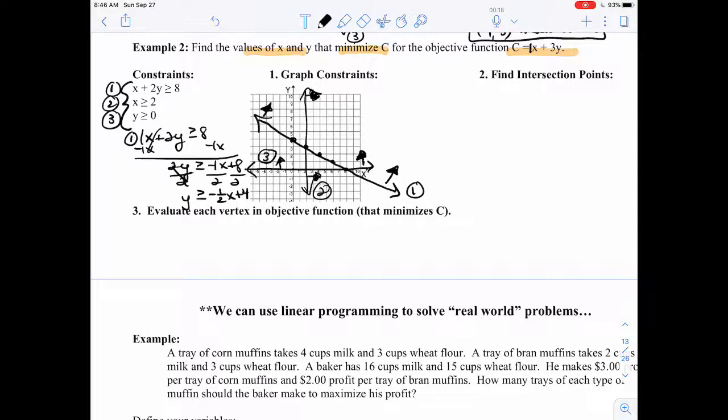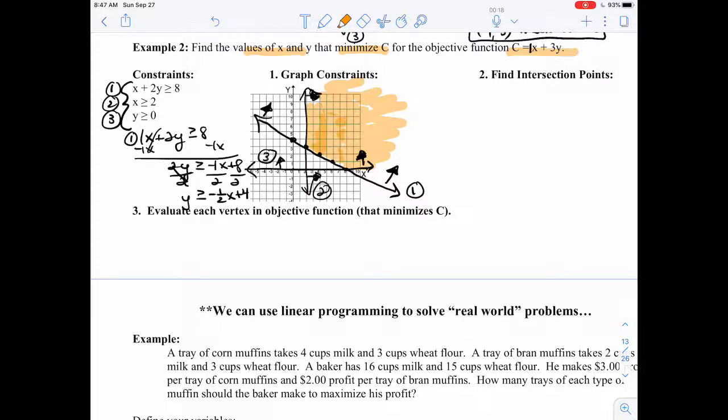Putting your pencil on all three, I need to be to the right of my vertical, above my slanted line, and above my horizontal. This is my feasible region.